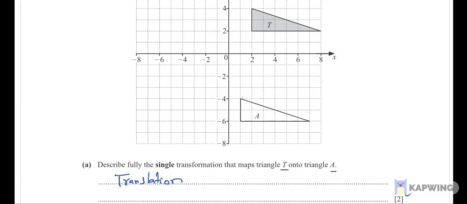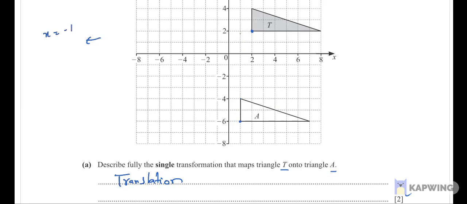To find the vector of translation, you can take any point. For example, the corresponding point for this one is this one. So to reach from here to here, need to move one step horizontally to the left. When you move to the left, so it means x is -1.